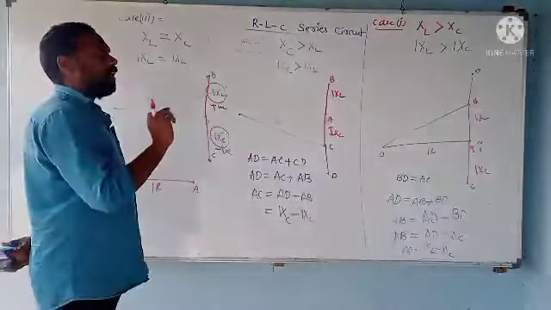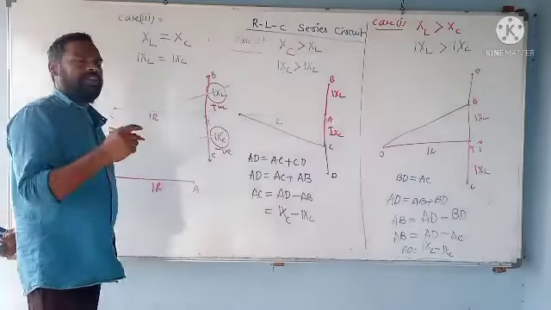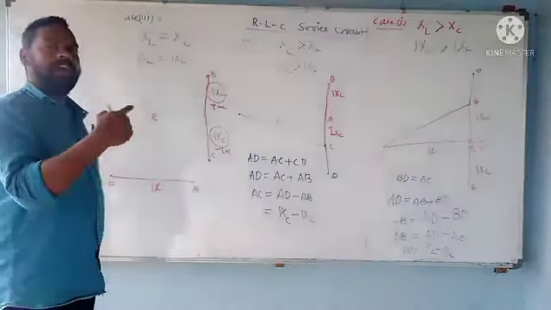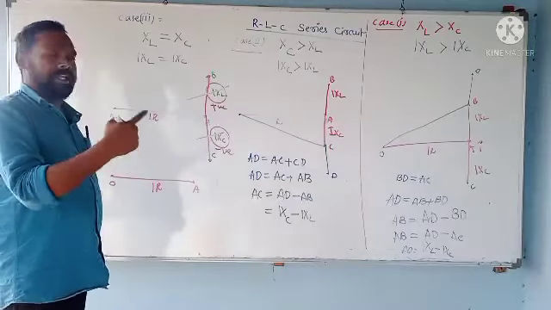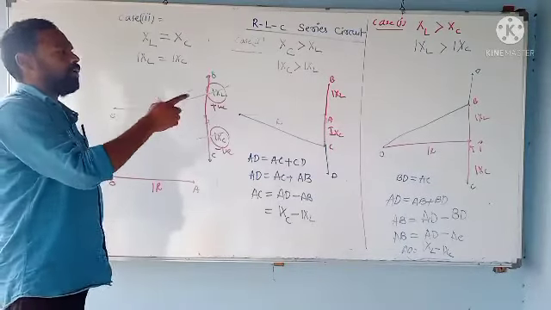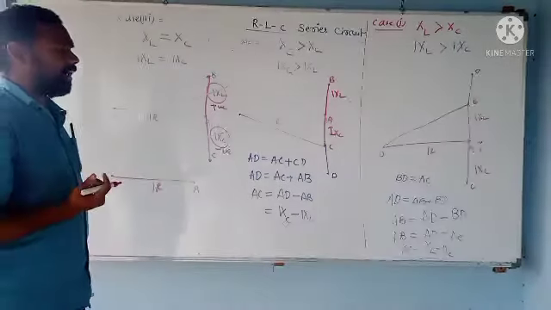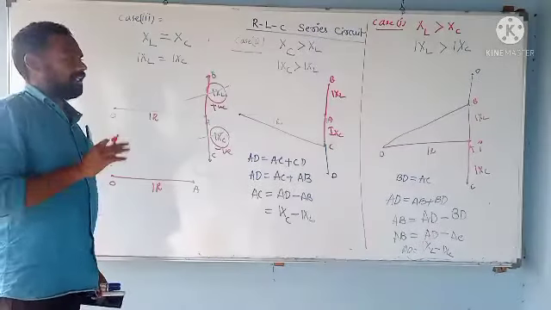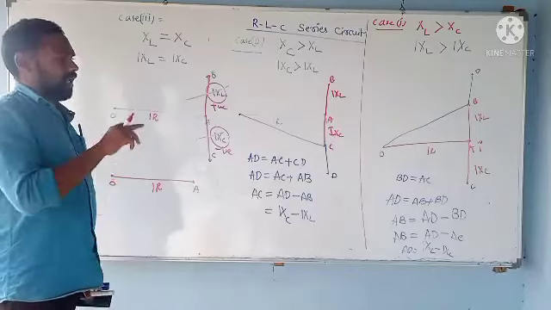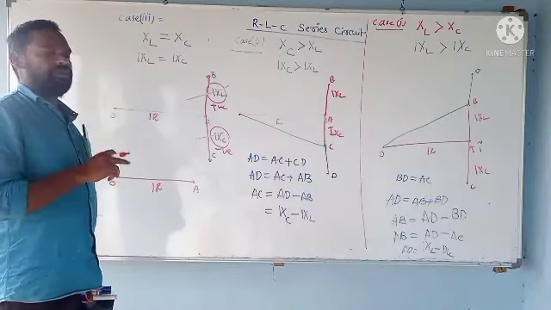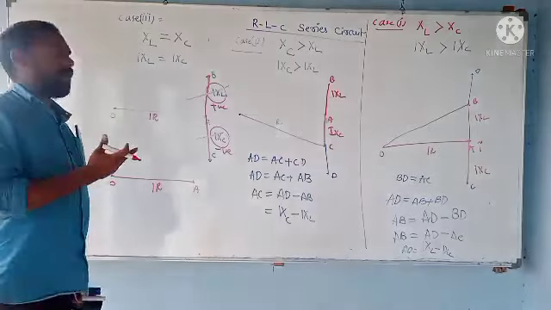So whenever there is a combination of RLC, we need to analyze which component or parameter is dominating, and the circuit behaves like that circuit only. For example, if inductance is dominating capacitance, then that circuit behaves like an inductive circuit. If capacitance is dominating inductance, it behaves like a capacitive network.